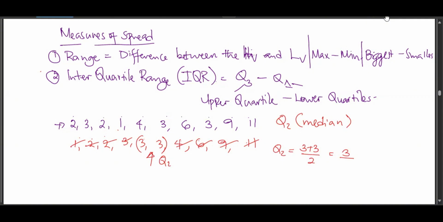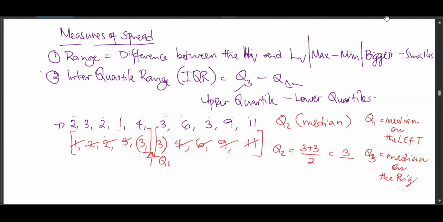Since you've added 2 numbers, when we come to determine the lower quartile, you start from that gap. Quartile 1 is the median on the left, and Q3, the upper quartile, is the median on the right. How do we know the left and the right?